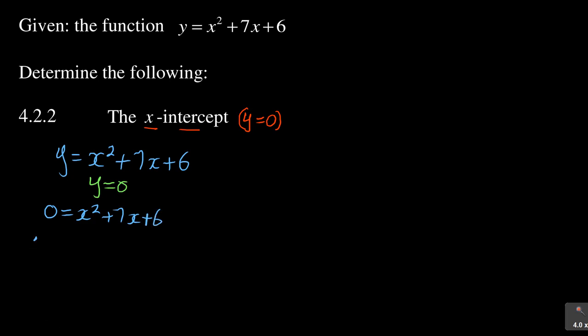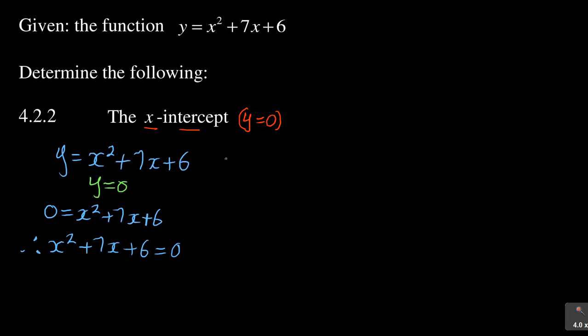And we usually write it as x squared plus 7x plus 6 is equal to 0. Usually the way you write it is the equal sign, then the main statement is on the left hand side and 0 is on the right hand side of the equal sign. So now you have 2 ways of solving this.